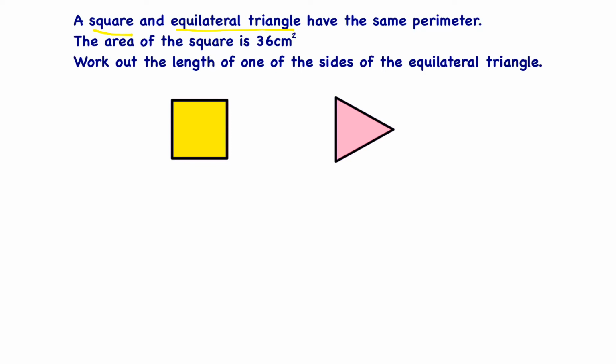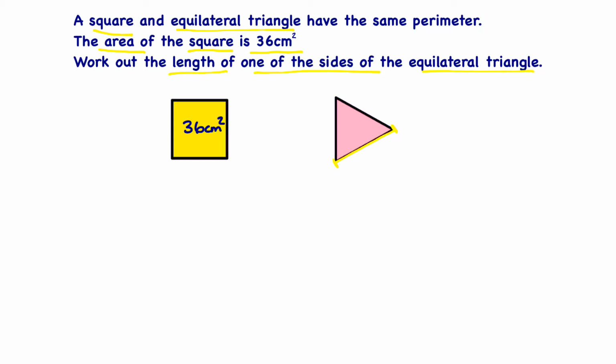The question tells us that the area of the square is 36 centimetres squared. What the question is asking me is to find out the length of one of the sides of the equilateral triangle. So I need to work out one of these lengths here.